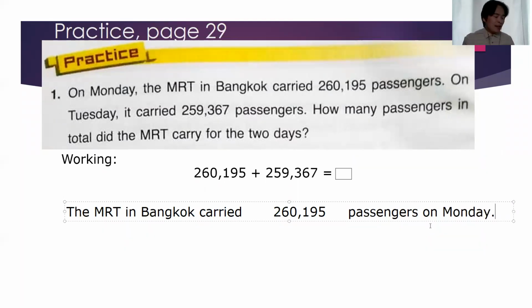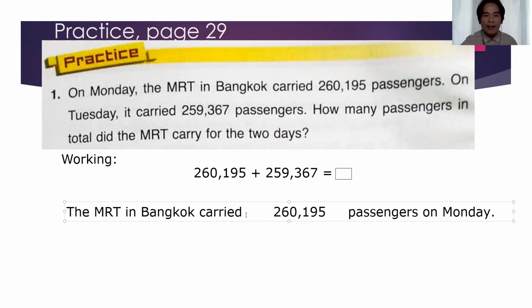Now, it's not always what's written in the paragraph. So sometimes you can change it, maybe you can say on Monday, the MRT carried 260,195 passengers. Stop. That's it. Or another style is, in Bangkok, comma, the MRT carried 260,195 passengers on Monday.